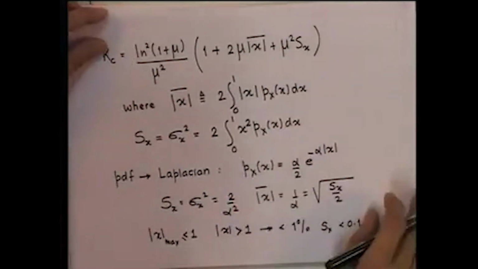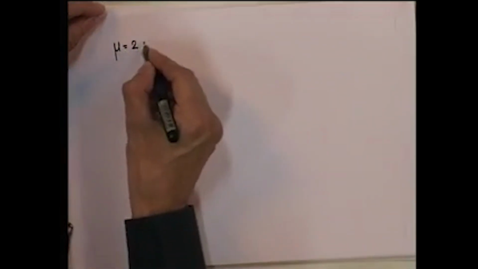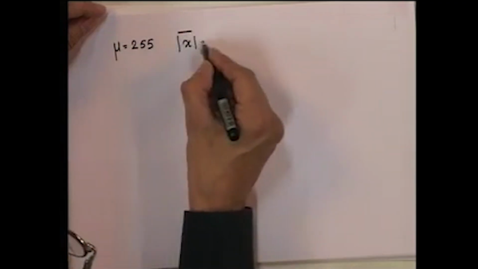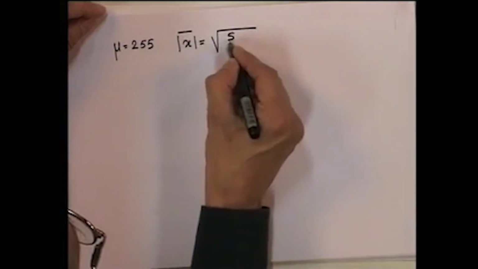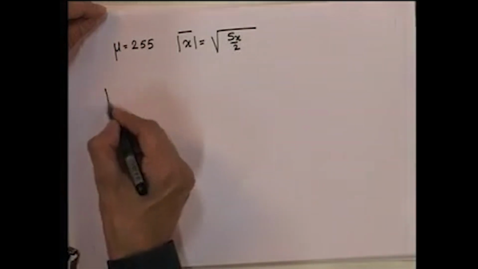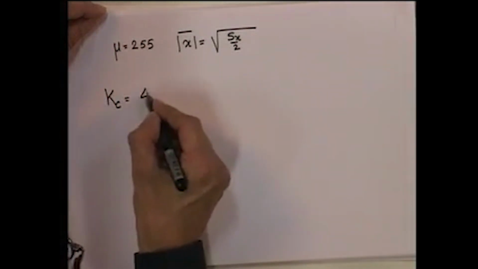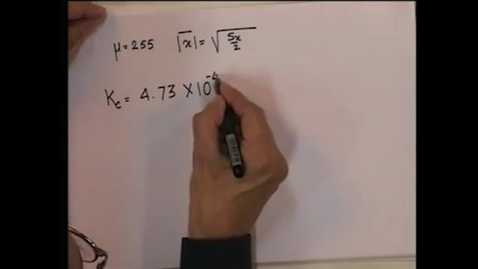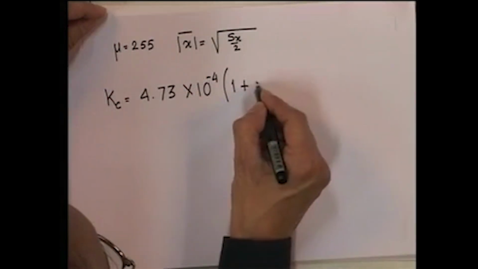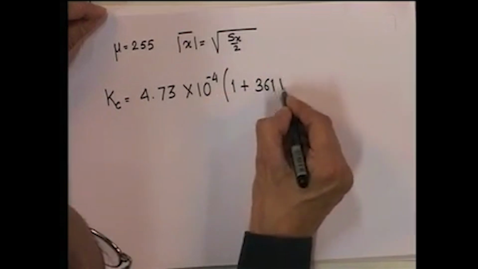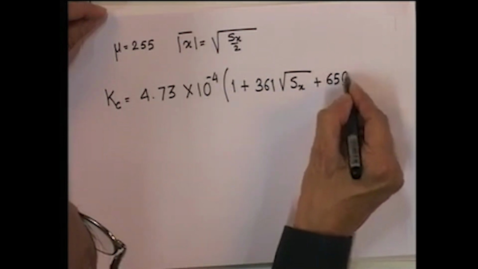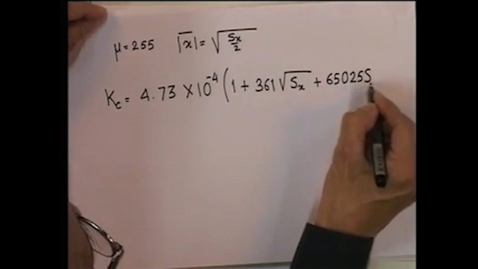So, taking the standard value for mu equal to 255 and the average of mod x equal to the square root of S x by 2 gives the value for K c equal to 4.73 multiplied by 10 raised to minus 4 times 1 plus 361 square root S x plus 65025 S x.